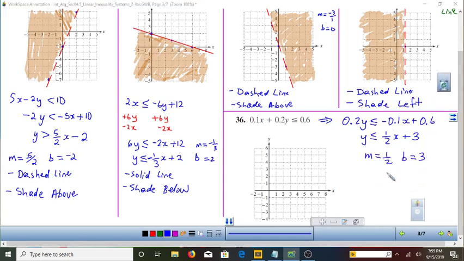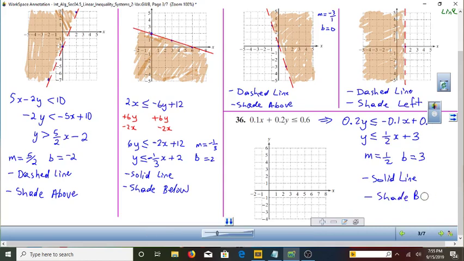And then we know that this line is going to be a solid line. And we also know that we are going to shade below the line. Very simple. Now, let's put in our information. Y-intercept is 3, slope is up 1 over 2, which we can do repeatedly, up 1 over 2, up 1 over 2.